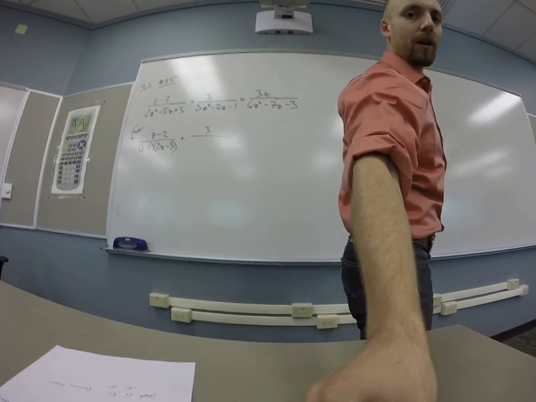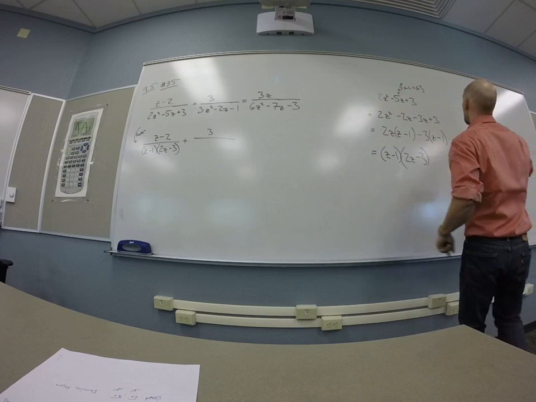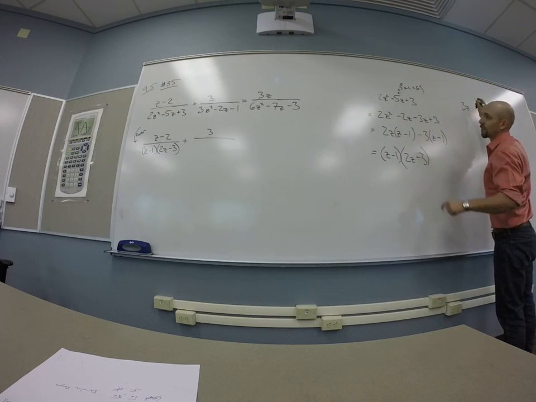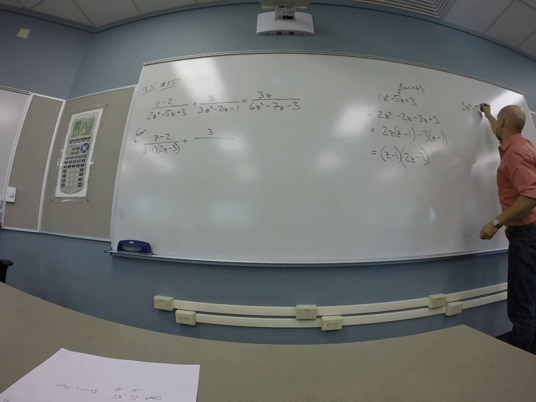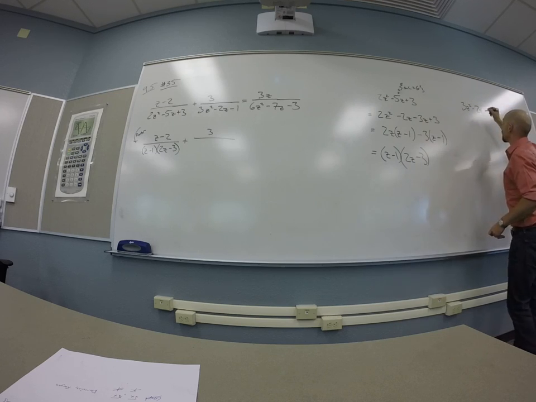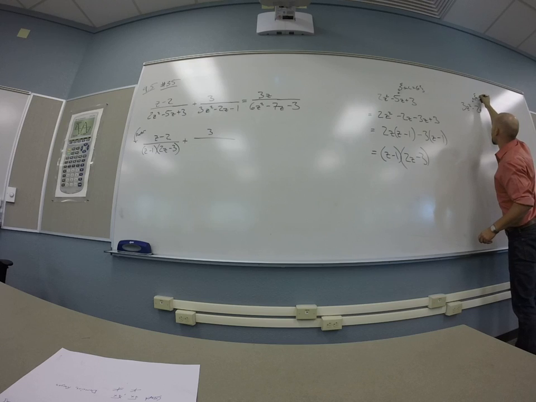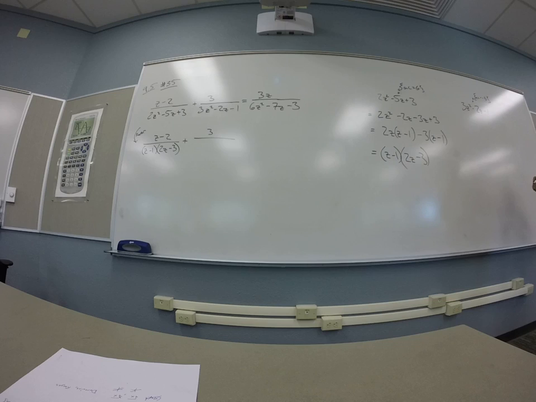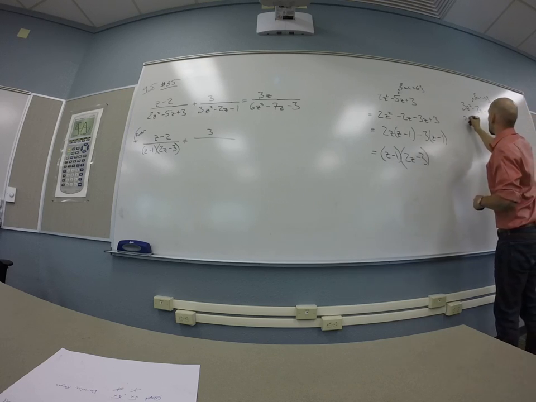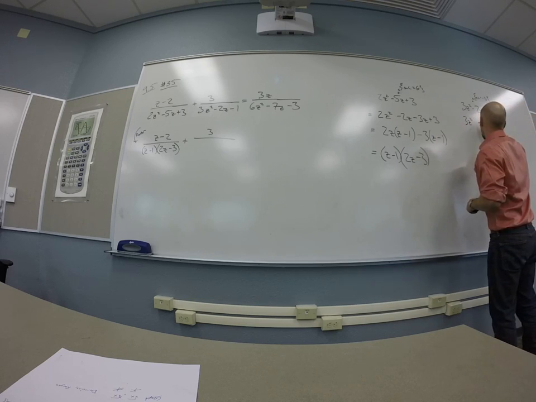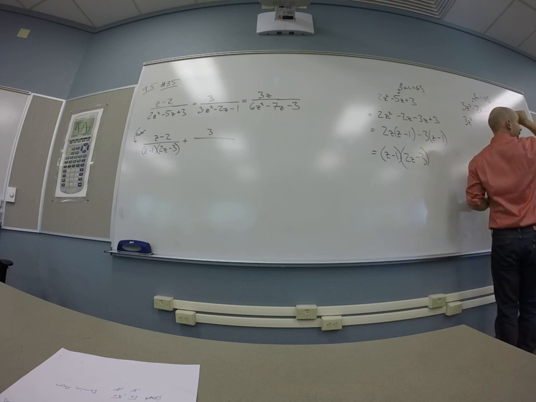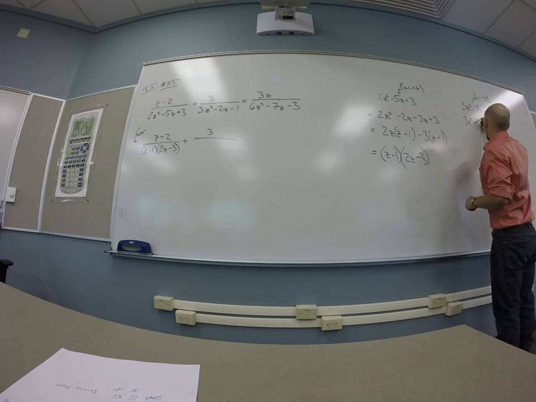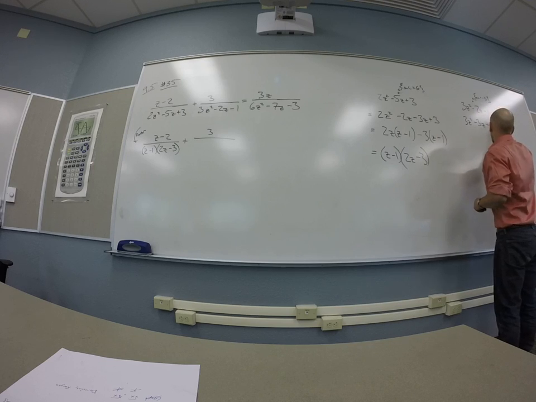The next one is 3z squared minus 2z minus 1. I look at that and I think AC is negative 3. So I need to multiply to negative 3, add to negative 2, which is negative 3 plus 1.